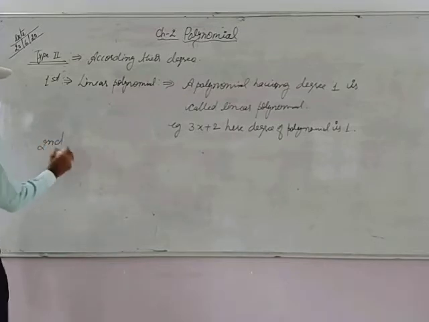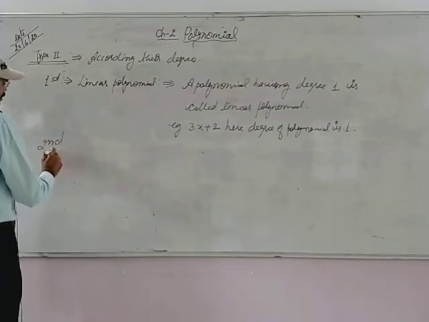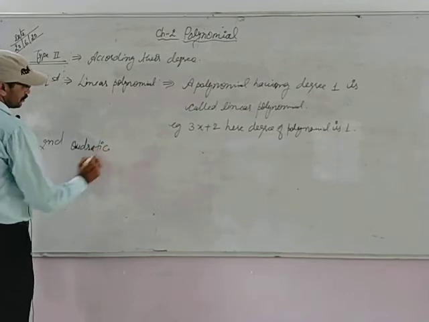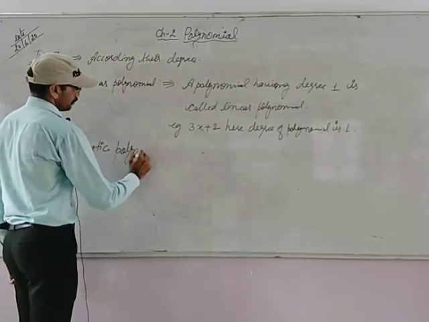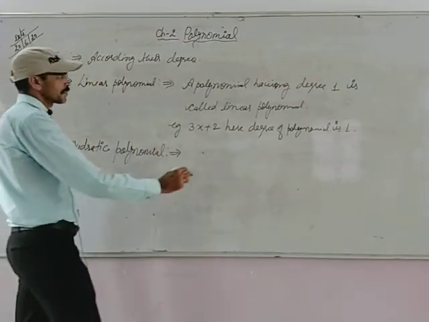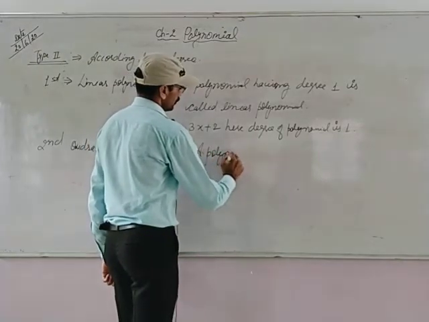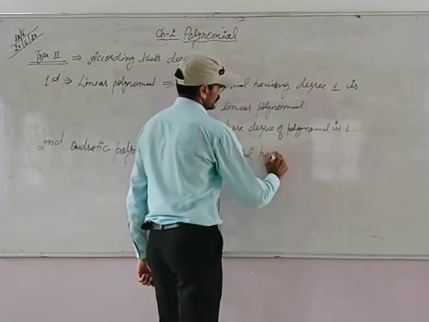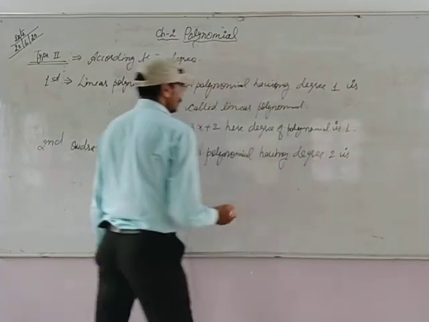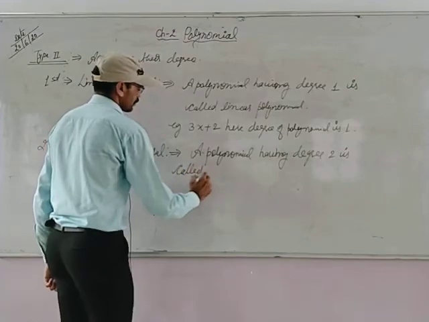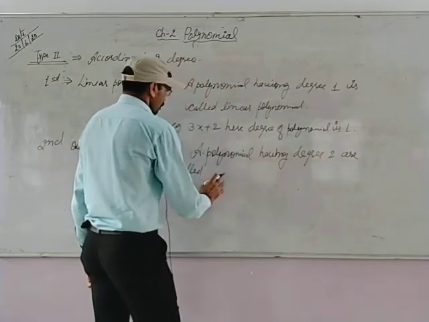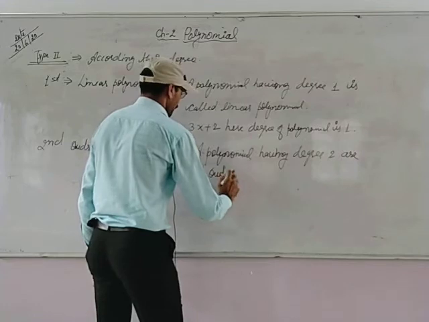Second, quadratic polynomial. A polynomial having degree 2 is called a quadratic polynomial.